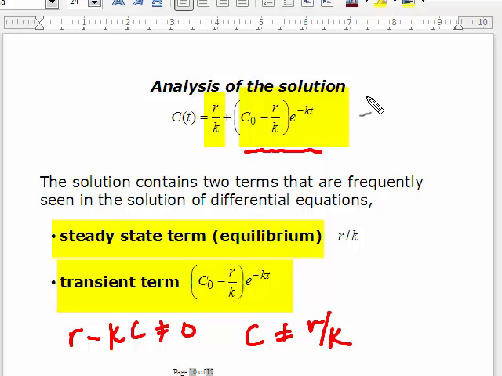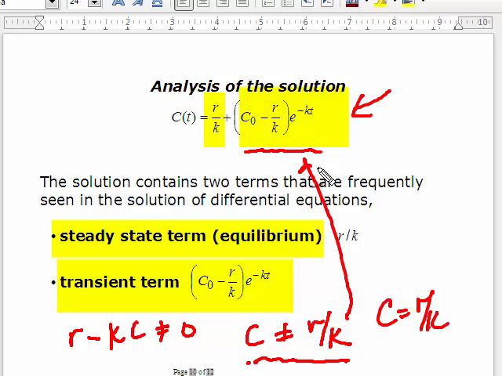So what we will plot out here in a minute are all sorts of solutions. C equal to R over K was not used to derive this equation, but C equal to R over K is a valid solution. It just had to be handled separately. Again, the book calls that missing solutions. It's not missing, it just has to be handled separately.